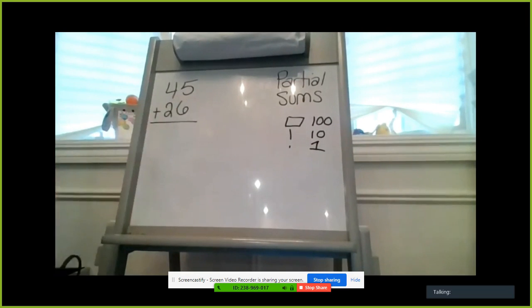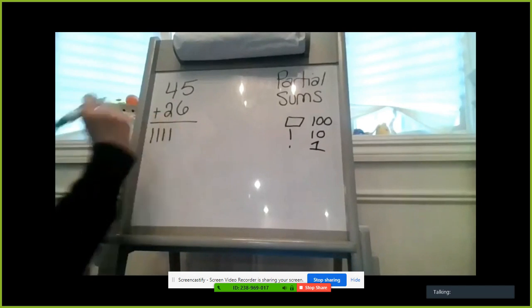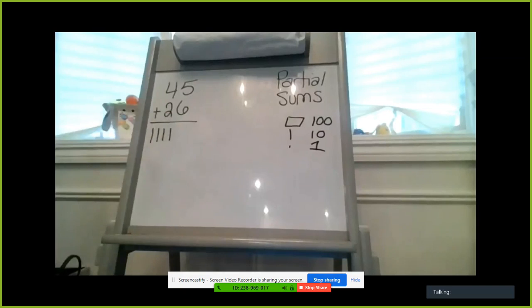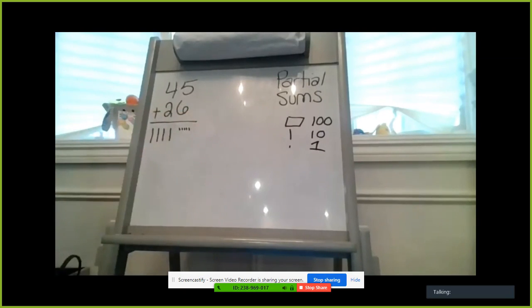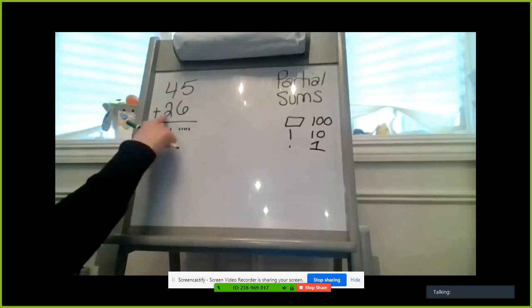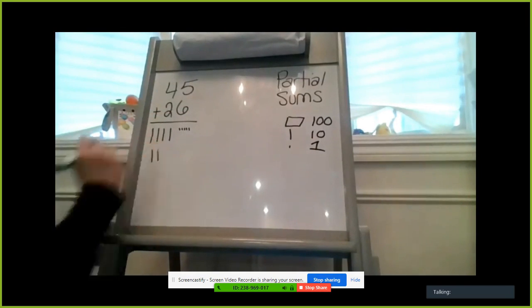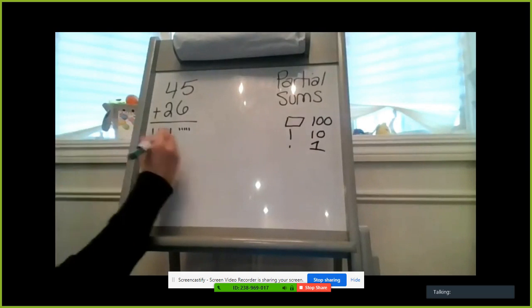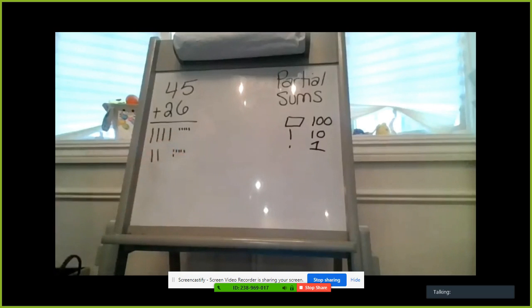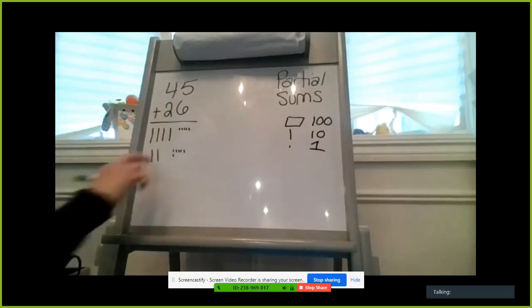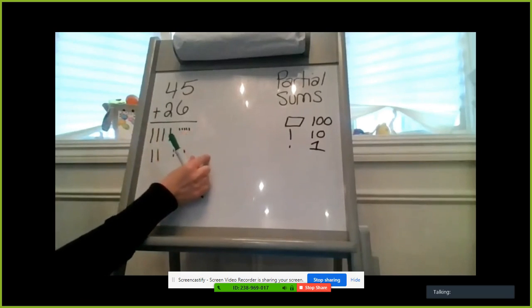So 45 is 10, 20, 30, 40, 4 longs, 1, 2, 3, 4, 5, and 5 cubes. We're going to add to it 26. That's 10, 20, 2 longs, 1, 2, 3, 4, 5, 6 cubes. Now we have part of our sum and another part of our sum.